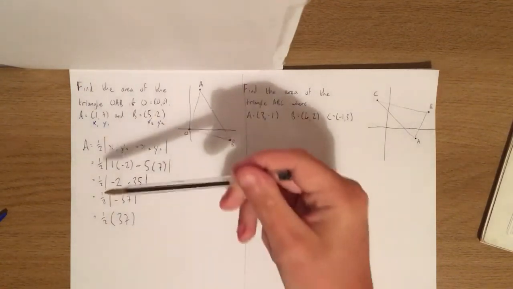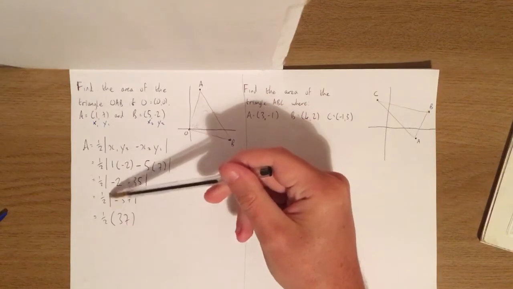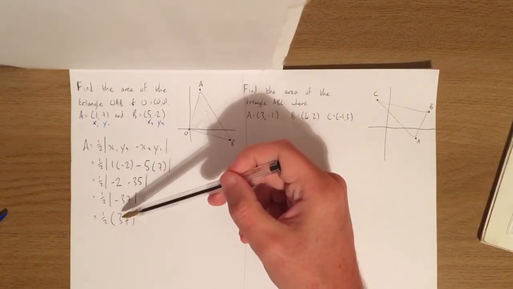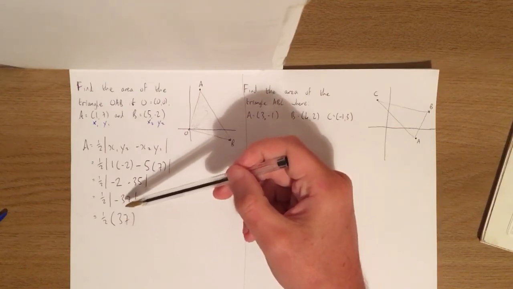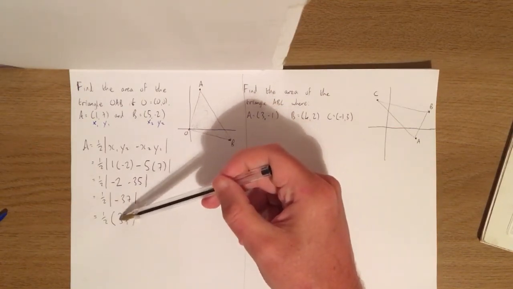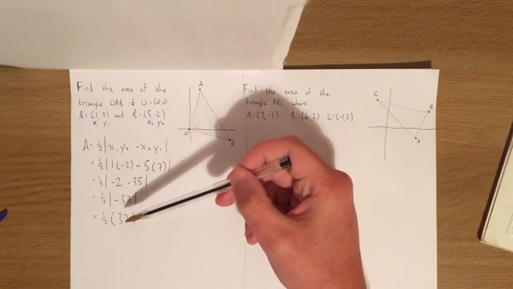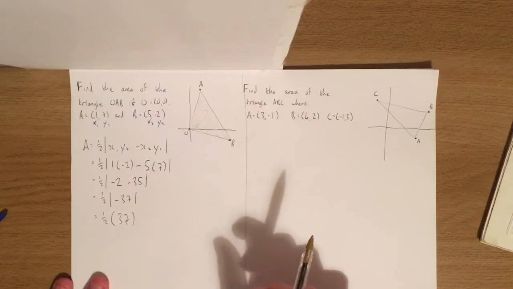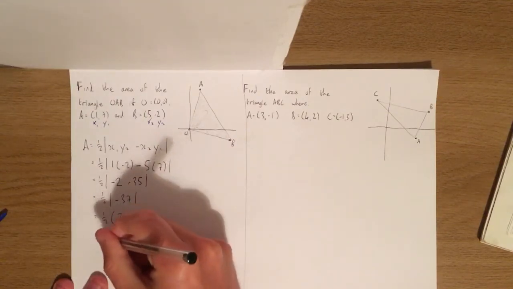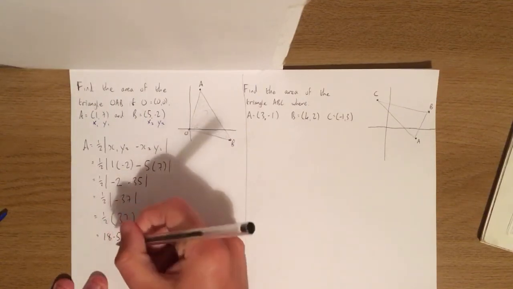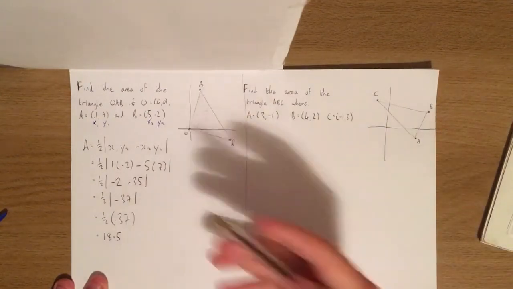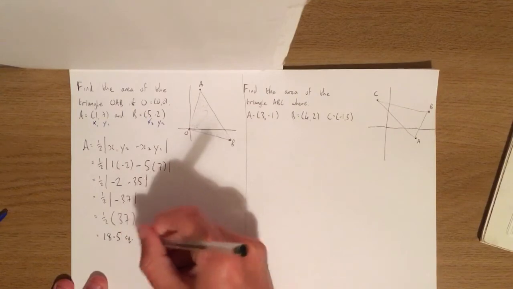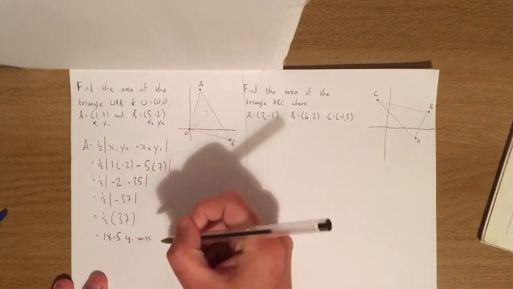Okay, now if you get a positive number in there, they do nothing. Okay, so if I had got plus 37, it doesn't change the plus into a negative, it only goes negative into positive. So if I got plus 37 in there, it'd still just be a half times 37. All right, so a half times 37, then if you do that on the calculator, you're going to get 18.5, and then they don't give us centimeters or anything, but it is area, so it's a good idea to write down square units.